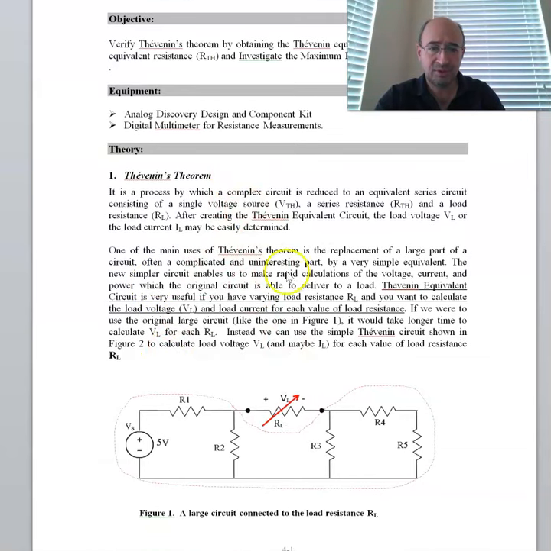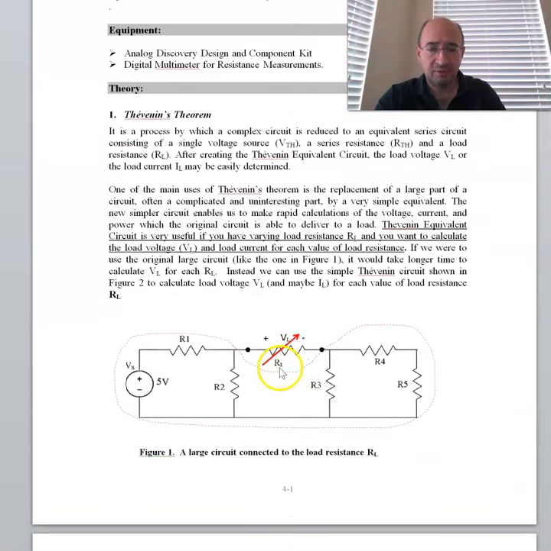You should go through this theory, but briefly, when we have a circuit with varying loads, if you want to calculate the voltage and current in a complex circuit, each time you have to do complex calculations involving mesh currents or node analysis.